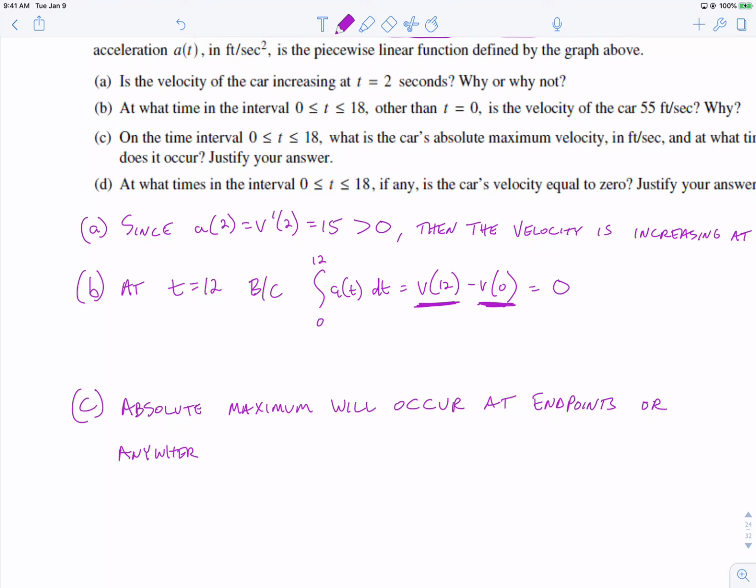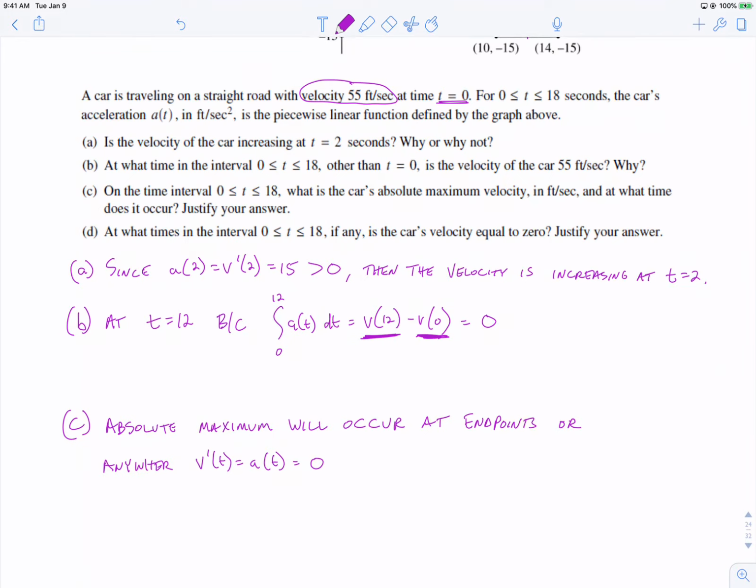We're talking about maximum velocity, so the derivative of velocity, which is equal to acceleration, is equal to 0. That's what the extreme value theorem says: you check the endpoints of the interval and anywhere where the derivative of the thing you're trying to maximize equals 0 or is undefined.